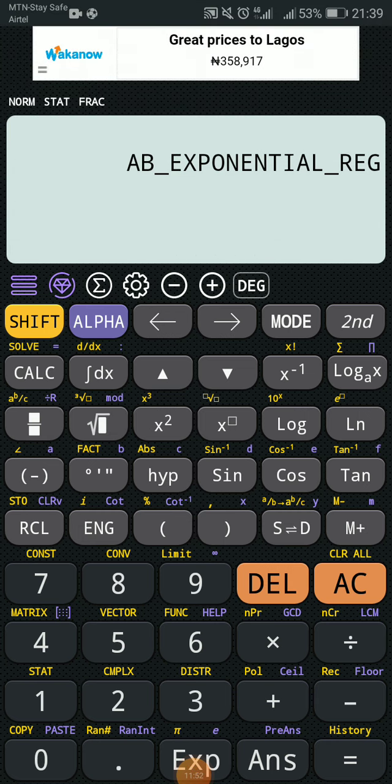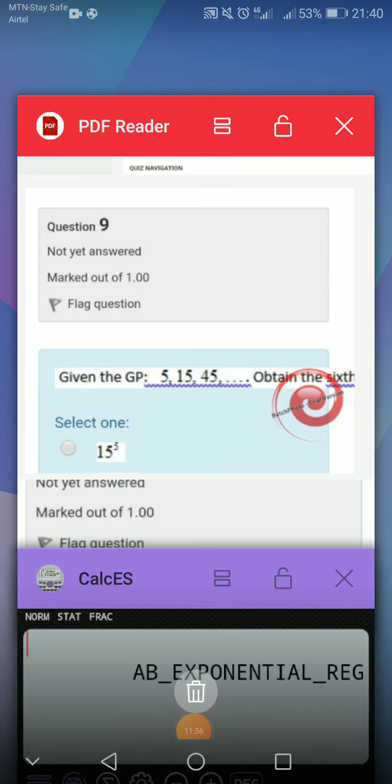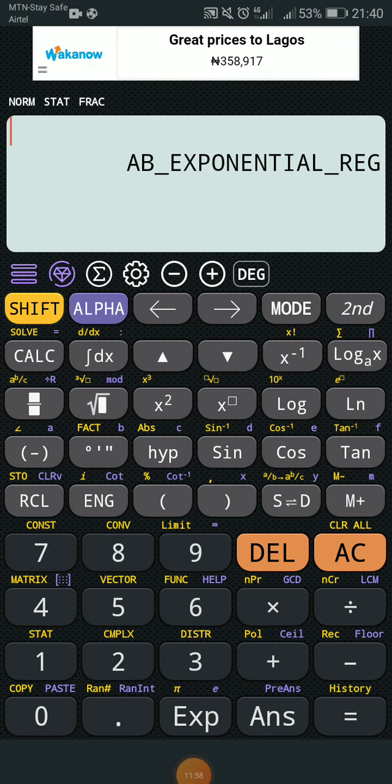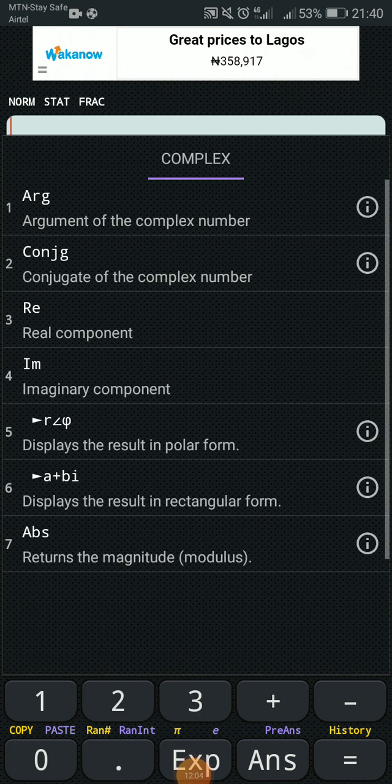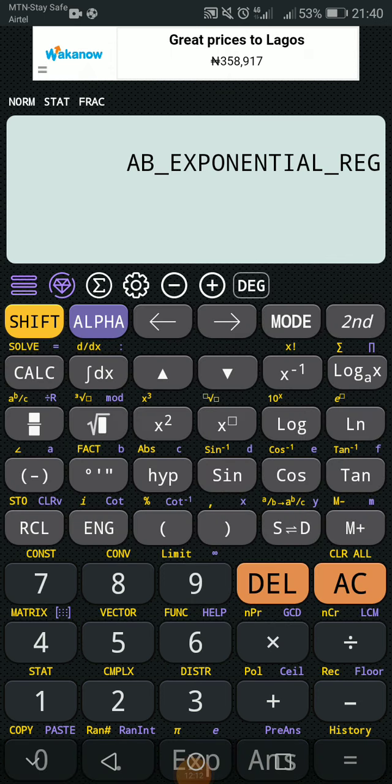Now we want to find the sixth term. So to find sixth term, this is what you do. You press shift, then press 2. Oh, sorry, that's complex. I pressed it there. So let me do that again.